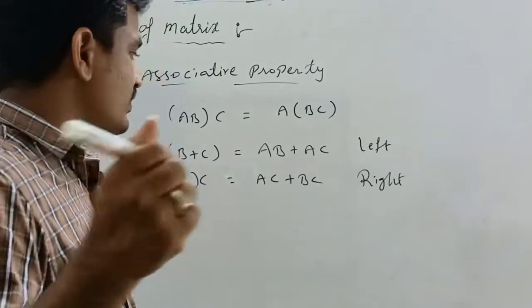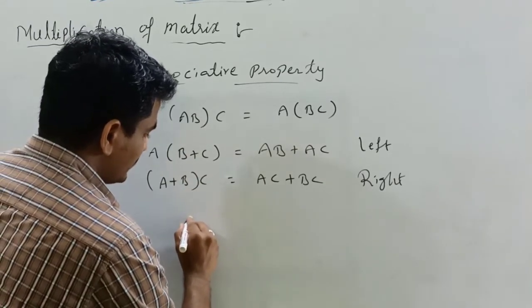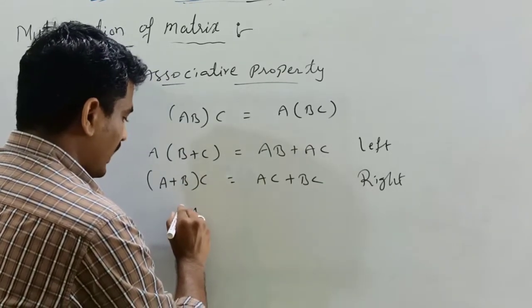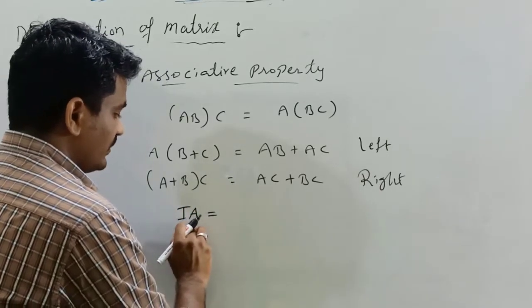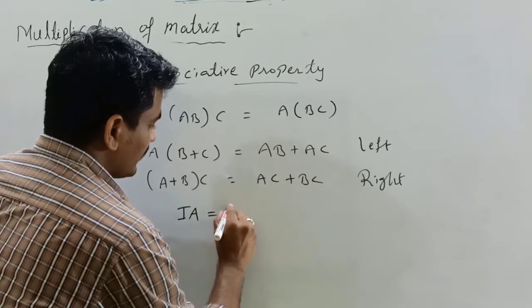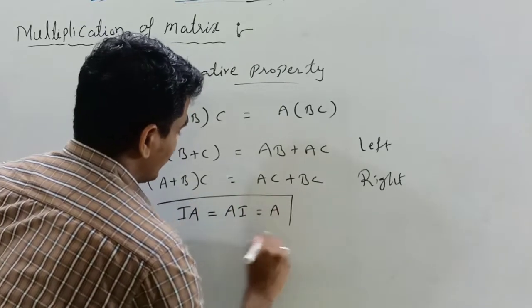Multiplication identity is also there in matrices. Identity of matrix multiplication: if the identity matrix is multiplied with A, I into A and A into I, always we can get A only.